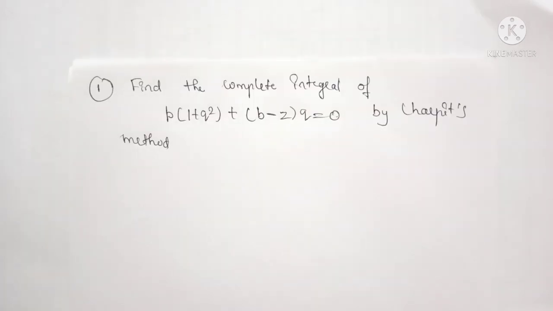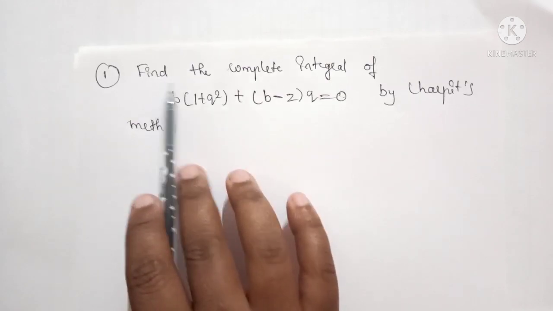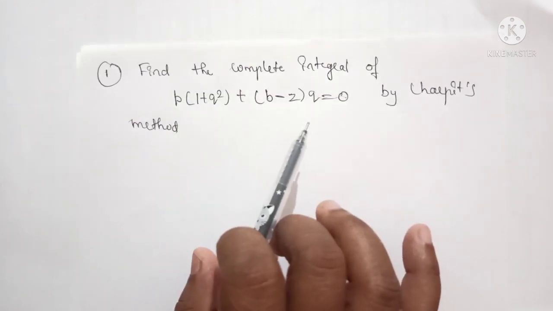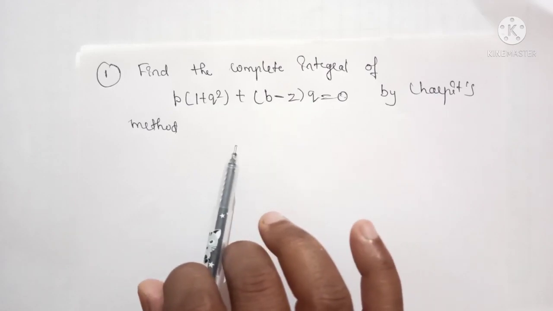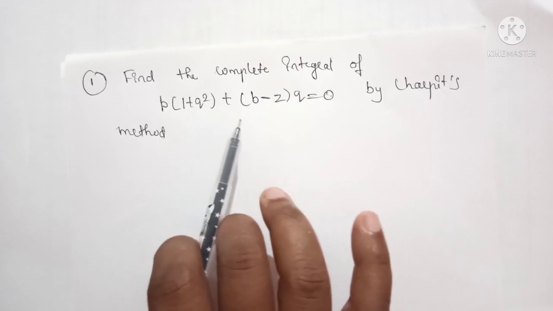Now we shall solve some very important problems on this Charpit's method. You can observe that this problem we have already solved in the type 2 video. So this is of the type 2 form.